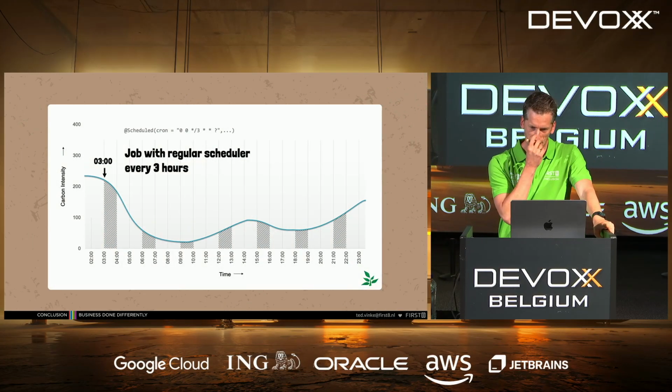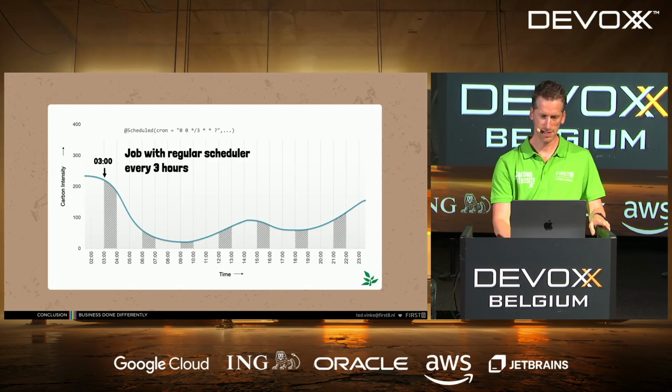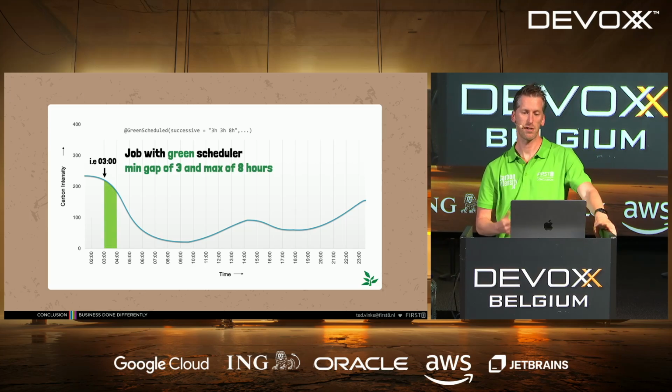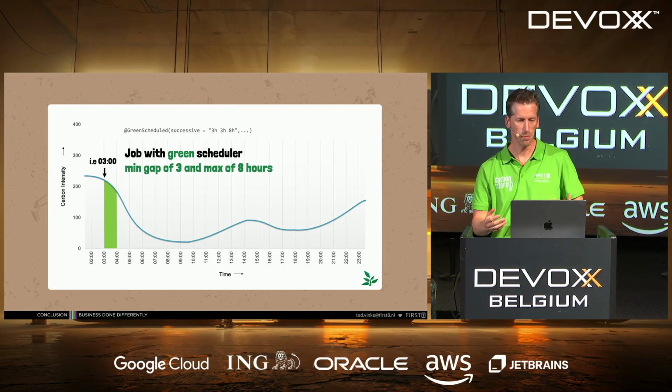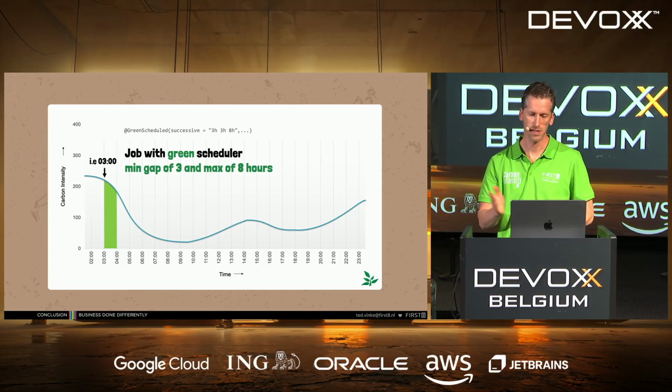So here's what it looks like when the job is planned every 3 hours. On the wall clock, it's midnight, 3 a.m., 6 a.m., 9 a.m., etc. In this example, our successive planner, however, will find the greenest moment within the initial 3 hours after deployment as a starting point, and then it will schedule consecutive runs within a gap of 3 to 8 hours.